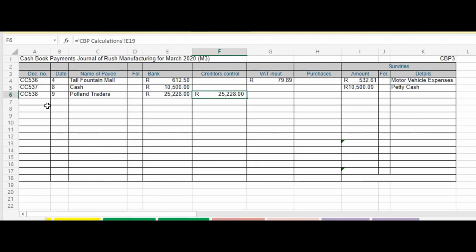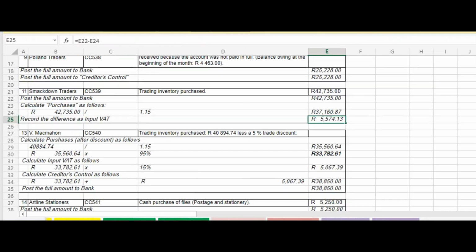So when we do it here, we can say, okay, document number given, date given, name of payee given, full amount recorded under bank. Purchases recorded by dividing with 1.15, and the difference between the two amounts is the VAT. Okay, now we can go to the next one.